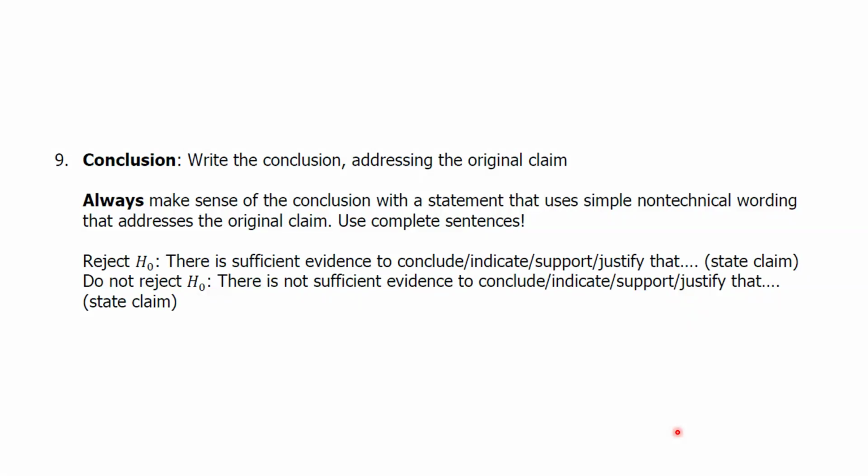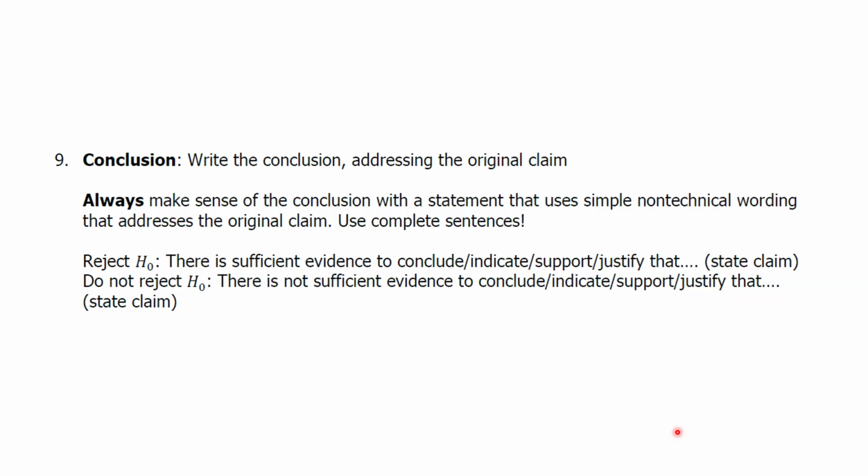When our decision is to reject the null, we will state that there is sufficient evidence to conclude, indicate, support, or justify that, and then state our claim. And we stated our claim all the way in step number 1. When our decision is do not reject the null, then we would state there is not sufficient evidence to conclude, indicate, support, or justify that, and then state the claim.